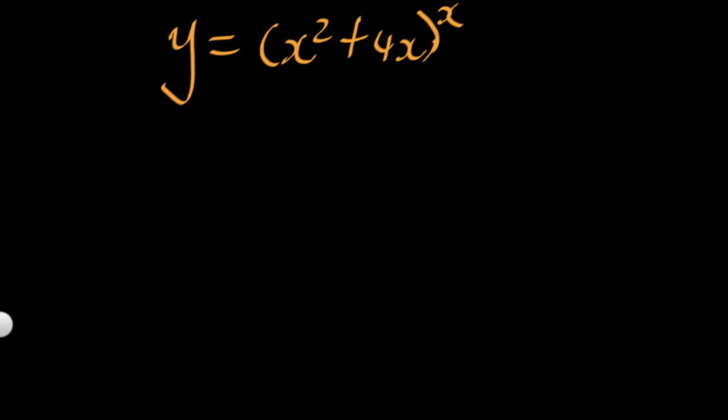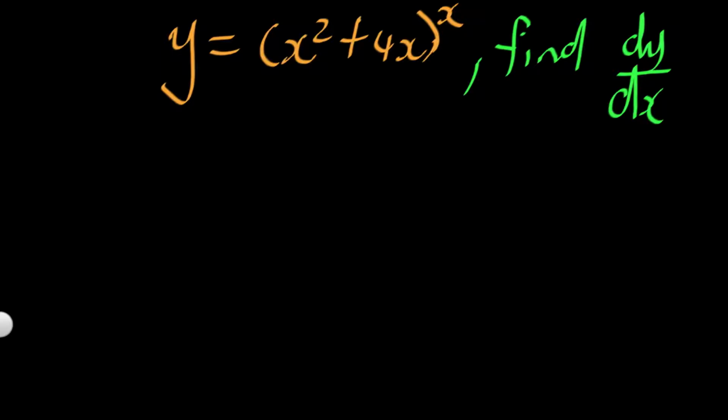This is an exponential function because the question here is we were required to find dy dx. When we say dy dx, we mean that we are differentiating the function called y with respect to x, which means our x here is the variable, and the variable happens to be a power. So this is an exponential function. We have to rely on logarithmic differentiation.